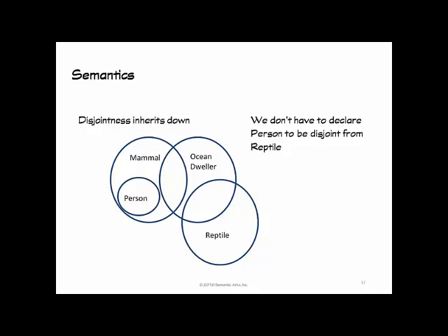As it turns out, luckily, subsumption, or having subclasses, is a nice shortcut, because once we know that no mammal can be a reptile and that person is a mammal, we already know, or the inference engine knows, that no person can be a reptile either.